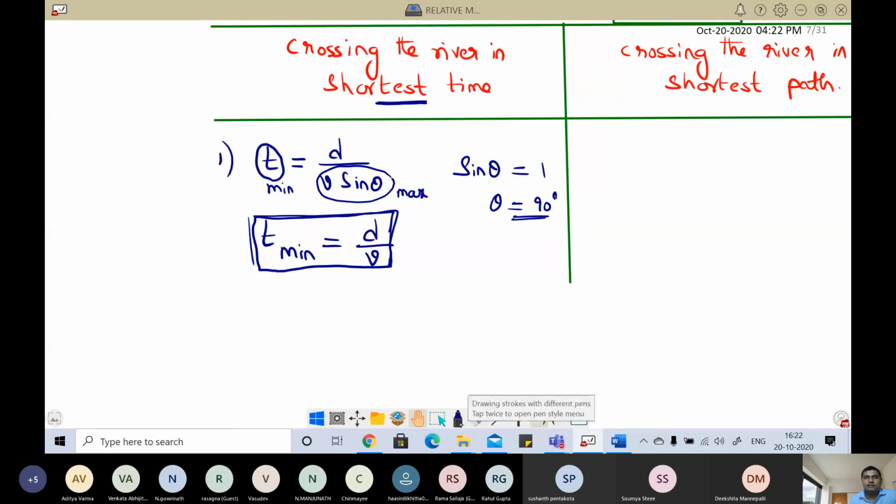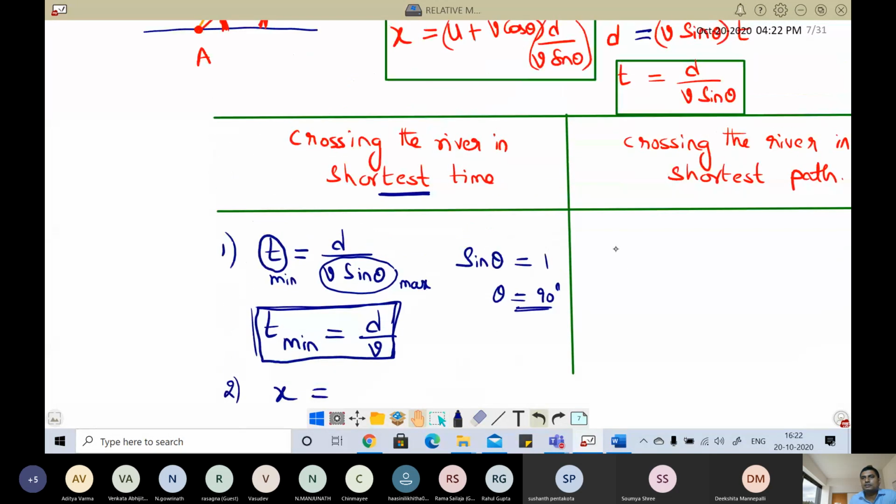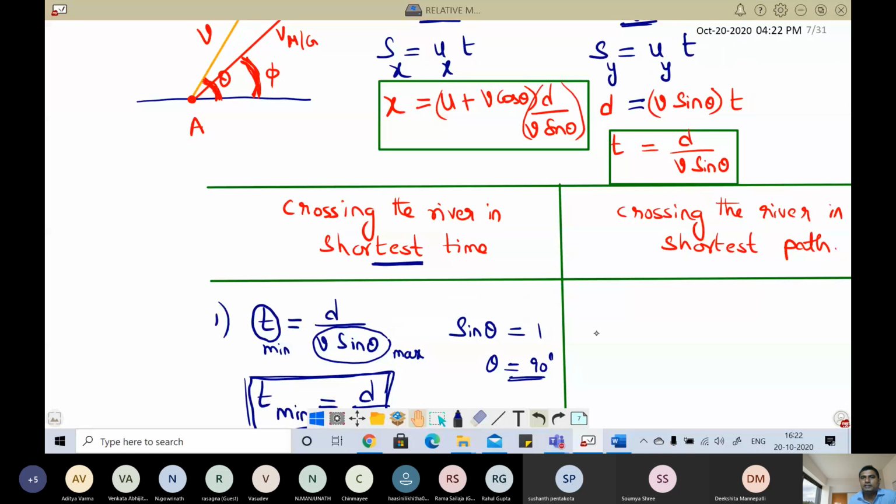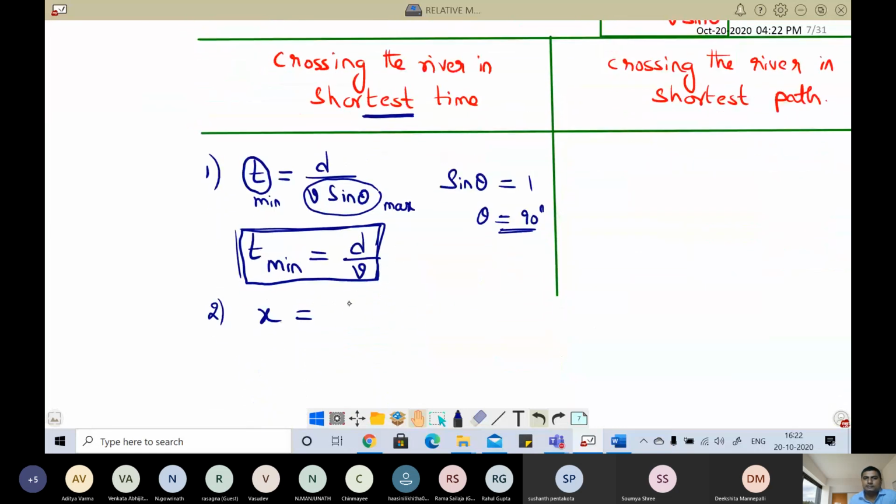Now definitely he will not reach the exact opposite point. So he'll reach somewhere else, drift. So x is equal to, what is the equation we got just now? General equation: u plus v cos theta into d by v sin theta.